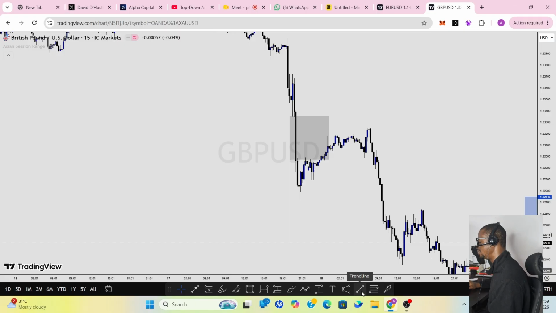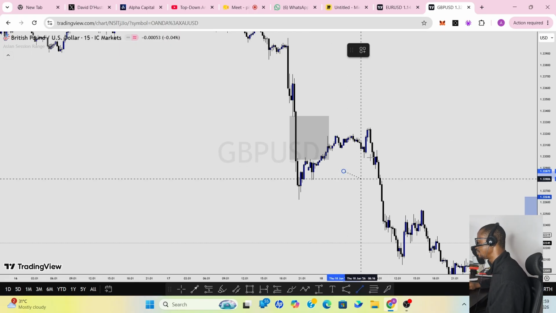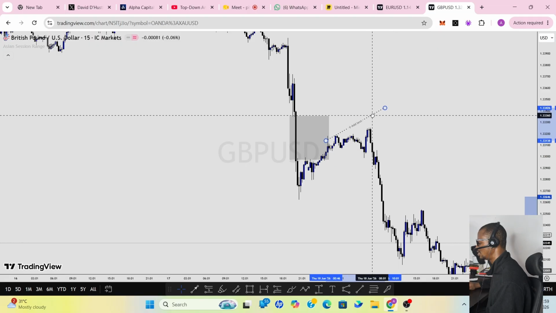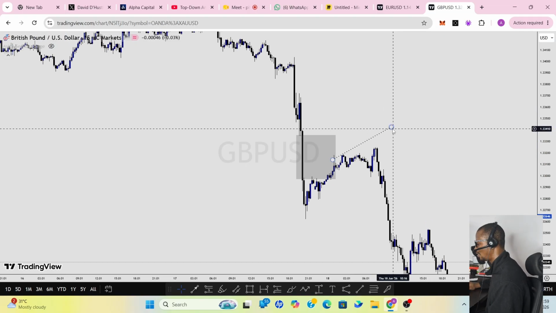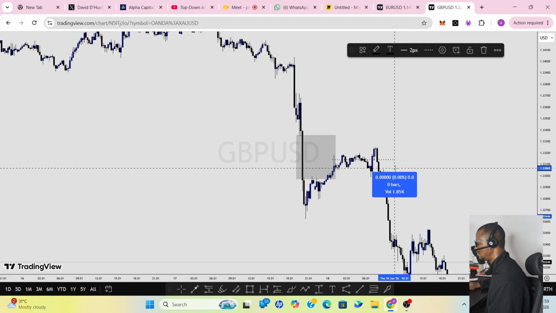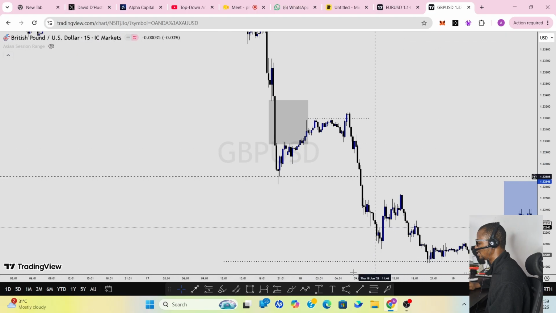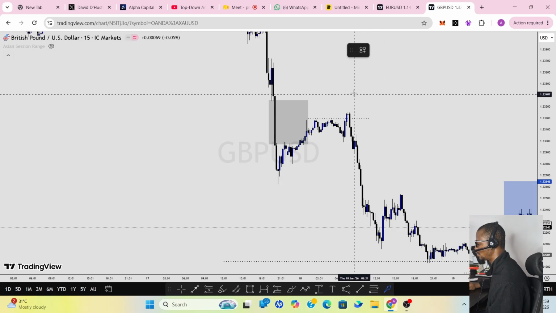Before it started pushing towards the downside, remember I told you that you will likely see a liquidity sweep even within the fair value gap. Look at what price did here. Price gave us that liquidity sweep within the fair value gap before it eventually changed direction and started pushing aggressively towards the downside.